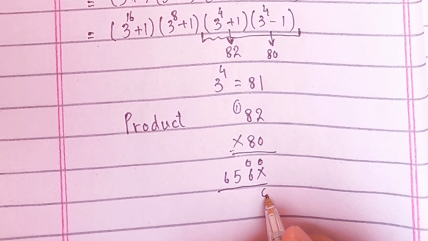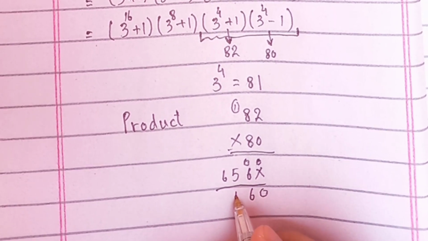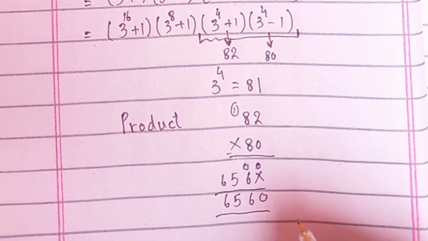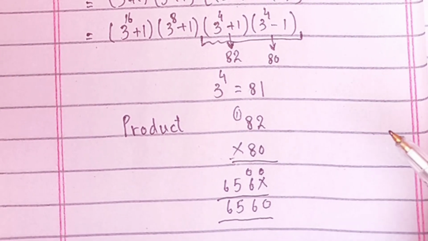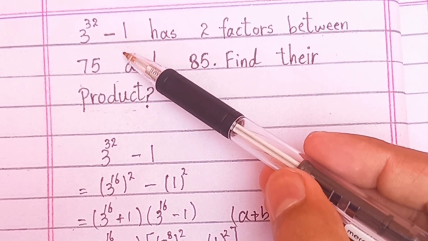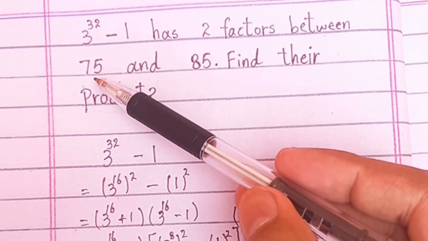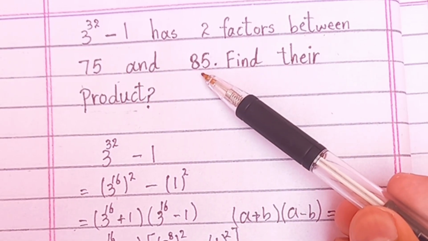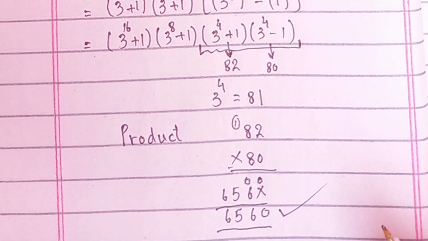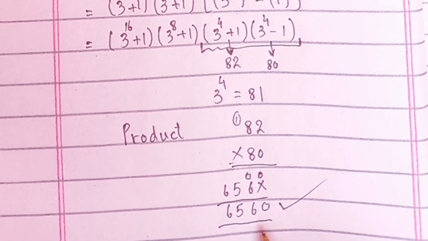So we get 6560. So the product of two factors of 3 raised to the power 32 minus 1 between 75 and 85 is 6560. That's our final answer.